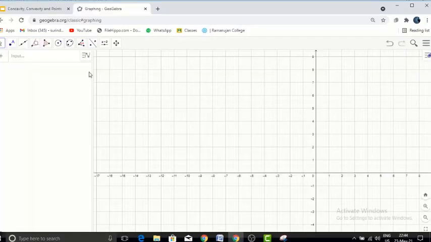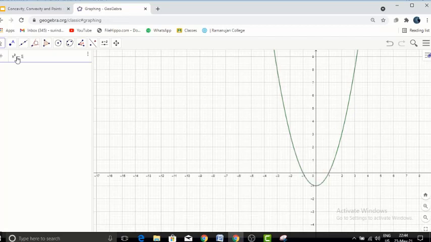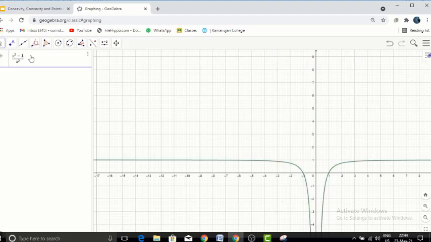So let us see this example graphically. We will take the help of GeoGebra. We define the function x square minus 1 divided by x square plus 1.